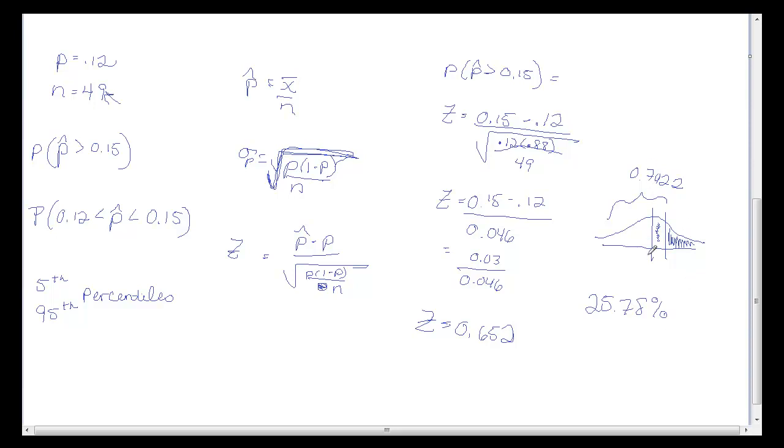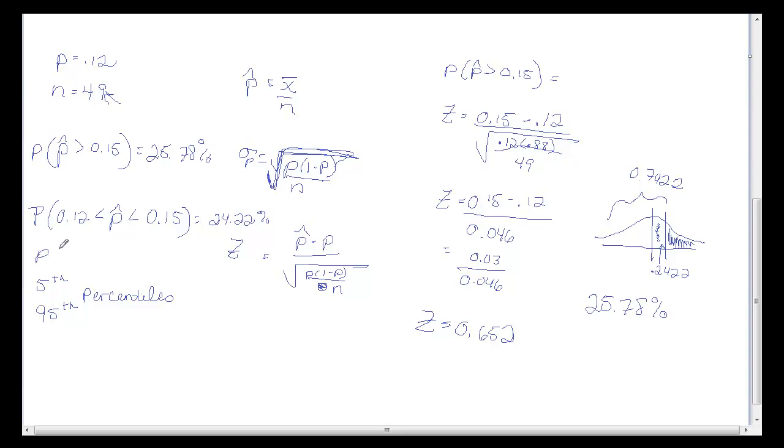So this area right here is 50, leaving me with 24.22% in this area, because it goes all the way up to here. This is half, so the probability that it's between is 24.22%, and this is 25.78%.